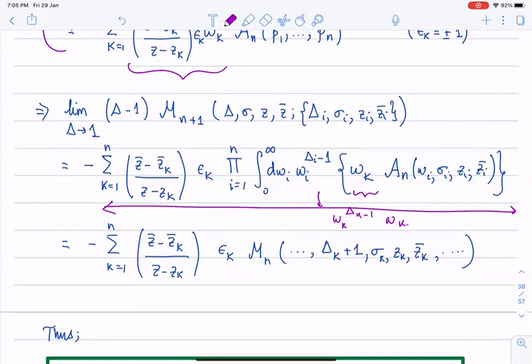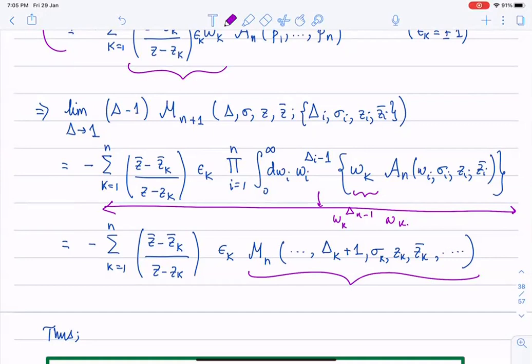If you rearrange this, you get back an n-point Mellin amplitude where the dimension of the kth particle has been shifted by 1.